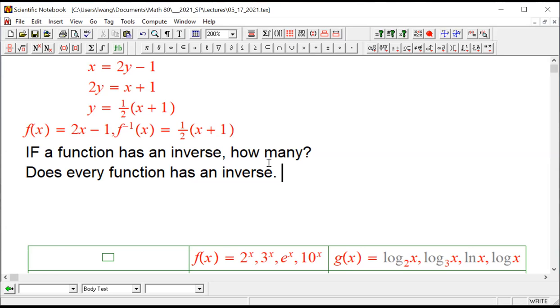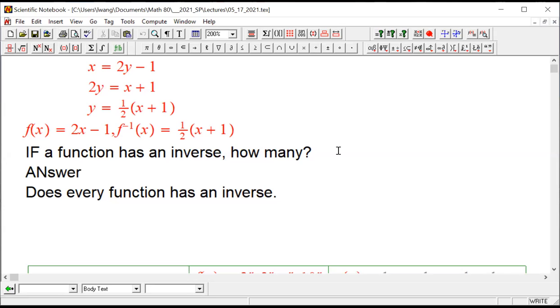So we have two questions here. If a function has an inverse, how many? For this one, we have found an inverse. Now the question is, is this the only inverse, or do we have another one we haven't found? Well, here's the answer.